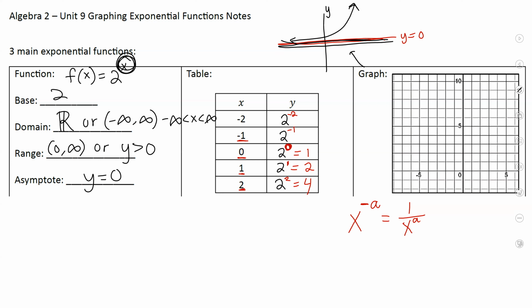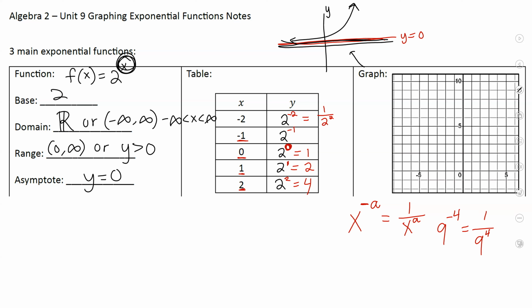So to make a negative exponent positive, you put it in the denominator. Okay, so for example, if I had 9 to the negative 4, I would write this as 9 to the 4th power, put it in the denominator to make it positive, and just put 1 in the numerator. Okay, that's the rule.